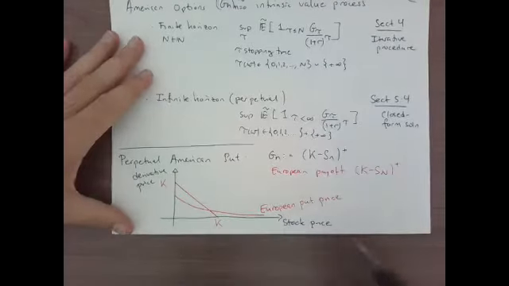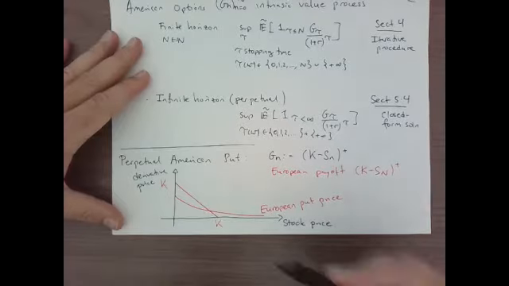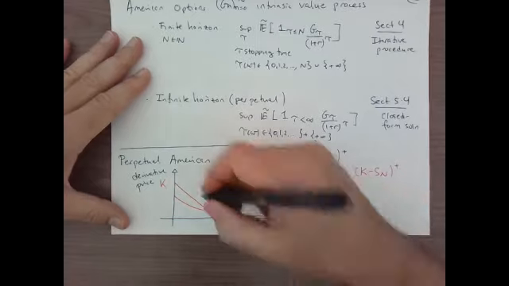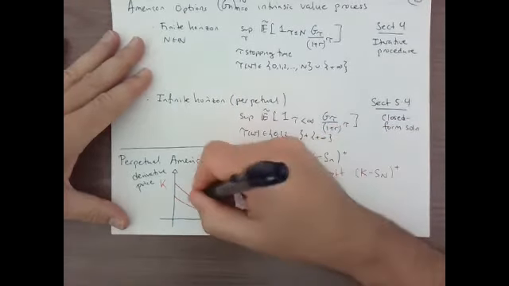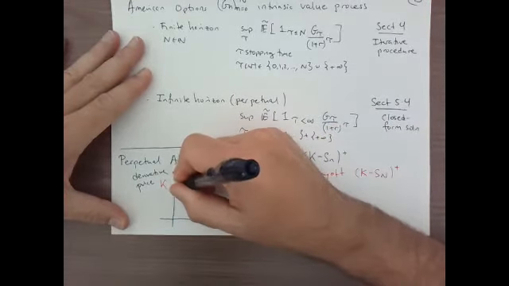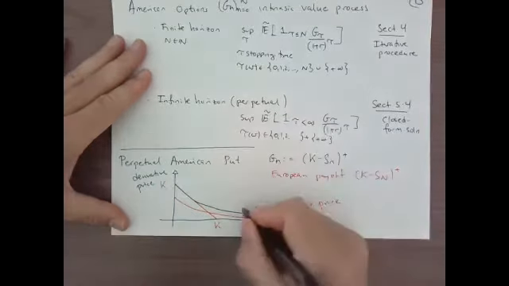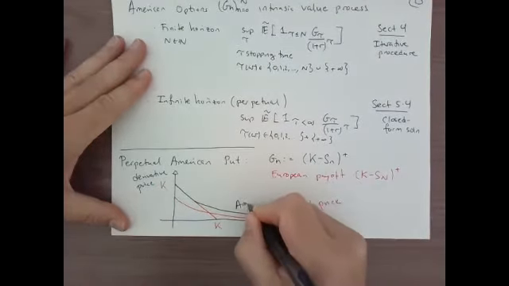That means that the American has to be above this hockey stick. And so the American one is going to look like this. This one is the American.